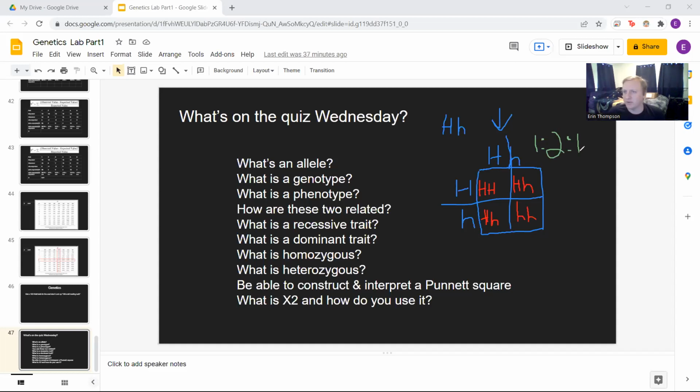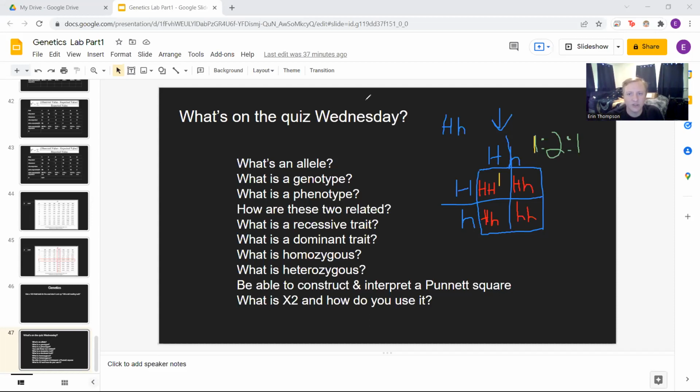What do I mean by 1 to 2 to 1? Well, we have 1 homozygous dominant.